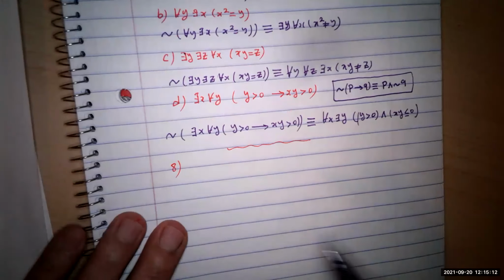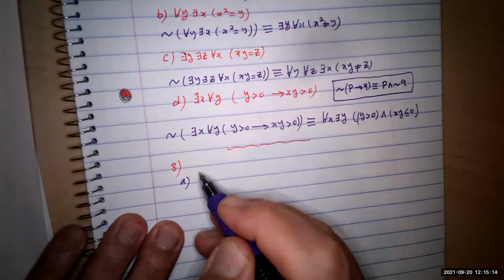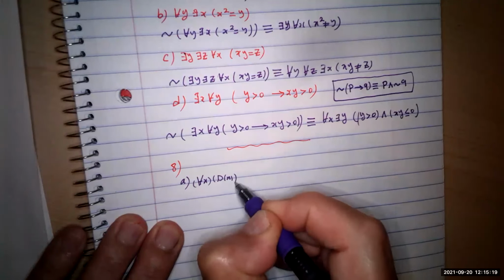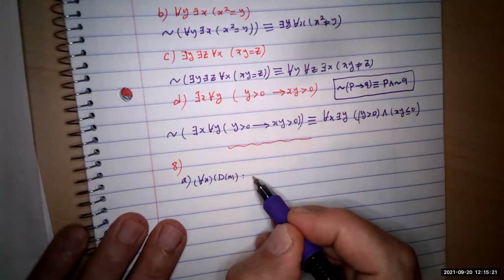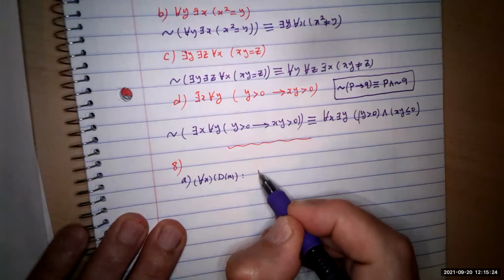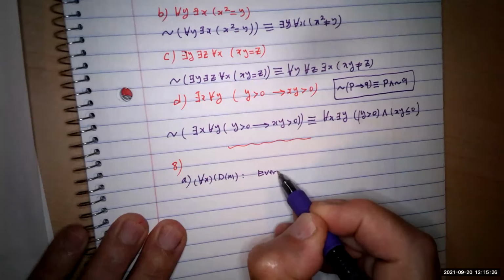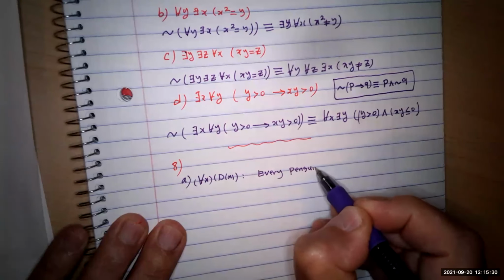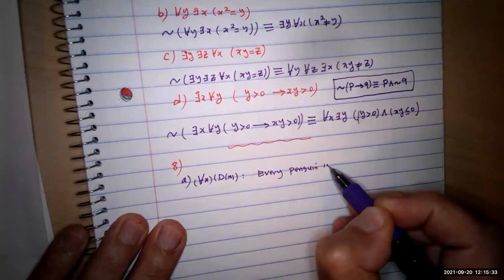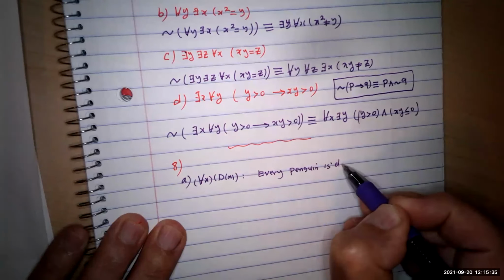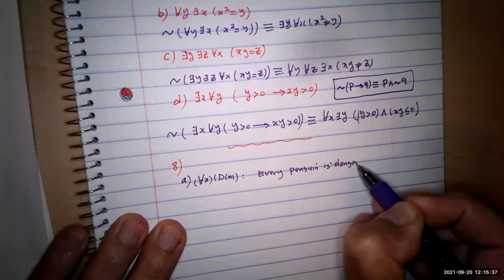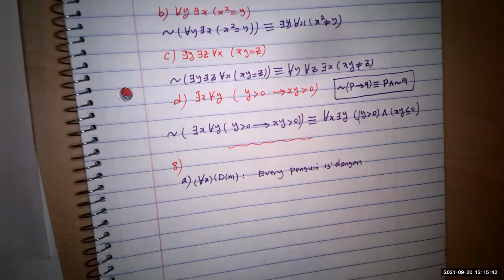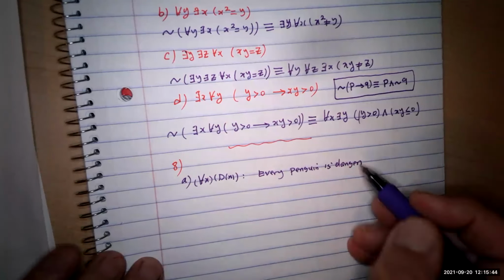So this is it. We go with the first part: for all x, Dx. This is the way I did it. Every or all, it doesn't matter. Every penguin is dangerous, or all penguins are dangerous. Just pick the one that you like.